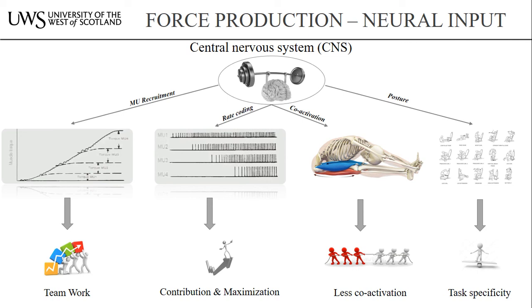Obviously, it's a more complex mechanism which can be partly modified through training, but overall we should remember that a co-activation or co-contraction is a sort of strategy the neural system puts in place to either prevent excessive forces which can lead to injuries, or as an inhibitory mechanism which again can limit some detrimental effects.